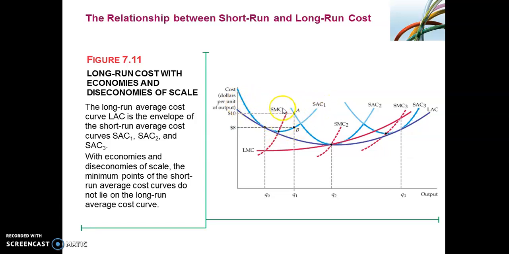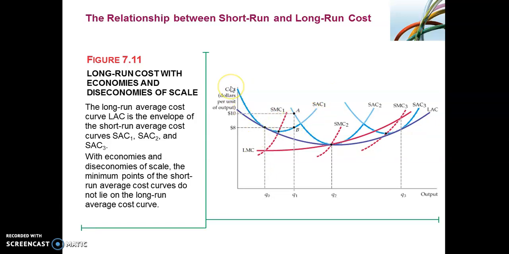So here we have three different shop sizes. This represents the smallest shop size. This would represent the average cost of a medium shop size, and this represents the average cost of the largest shop size.